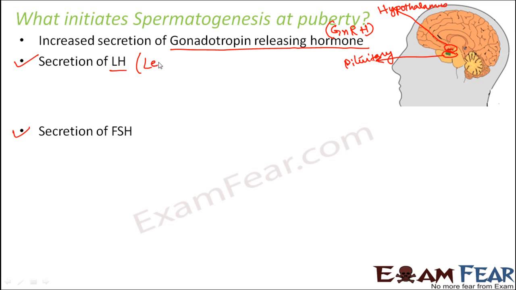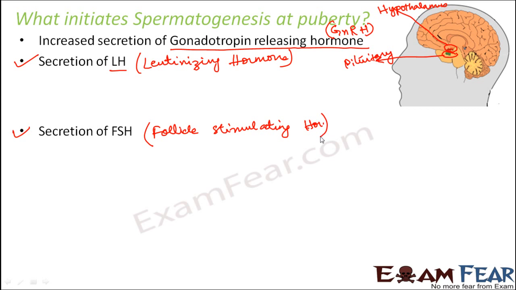LH is luteinizing hormone, and FSH is follicle stimulating hormone. We have discussed all these hormones in class 11th, so you can have a quick recap there. The release of GnRH sends a signal to the pituitary to release LH and FSH.